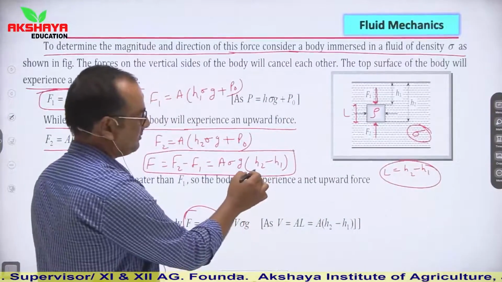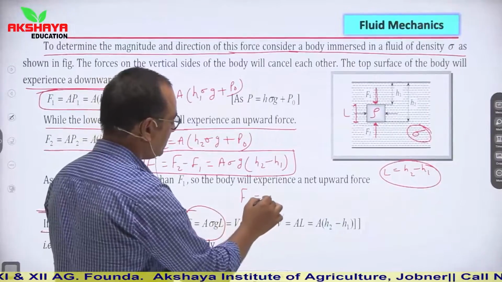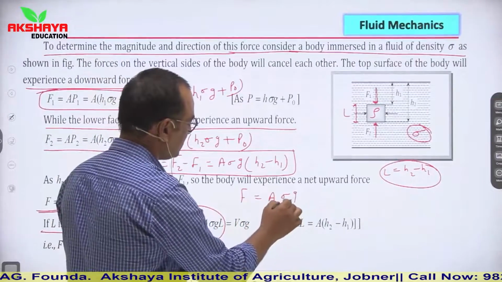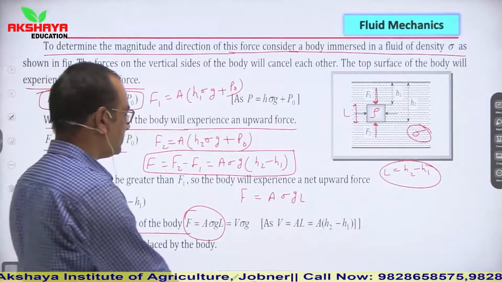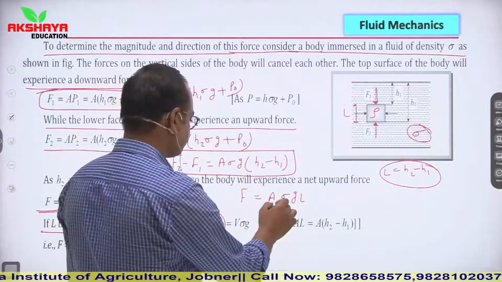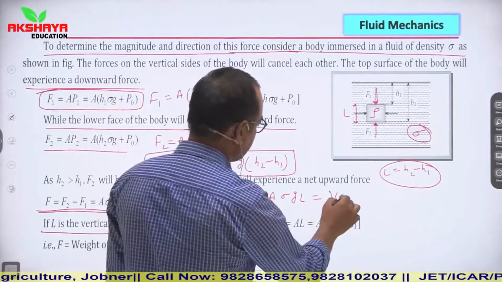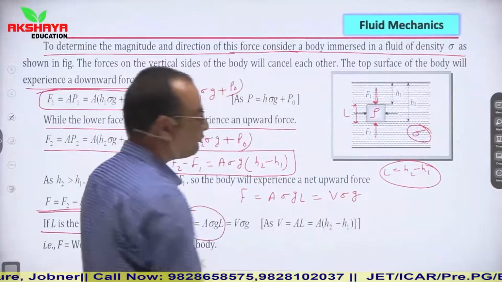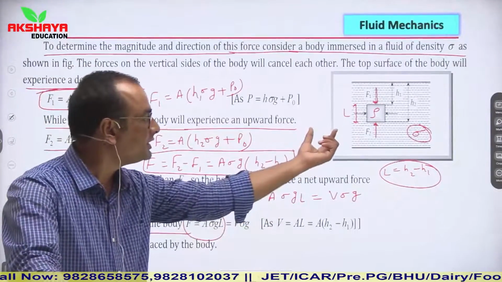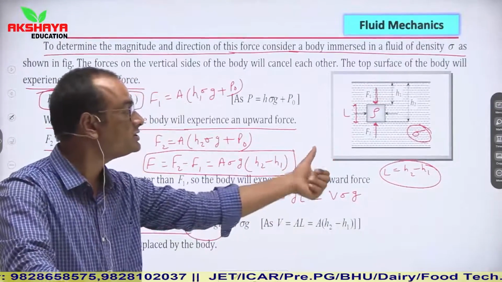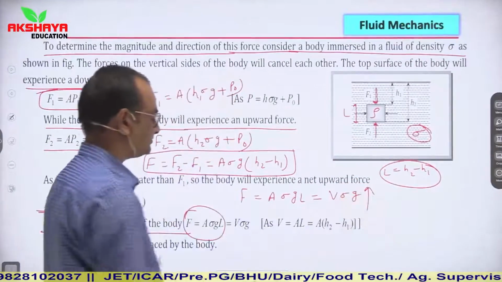So replace H2 minus H1 by L. So net force is A sigma g L, and A into L is volume, so it is V sigma g. So the net force is V sigma g. This is the net force acting on this solid due to the liquid, and it is in the upward direction.